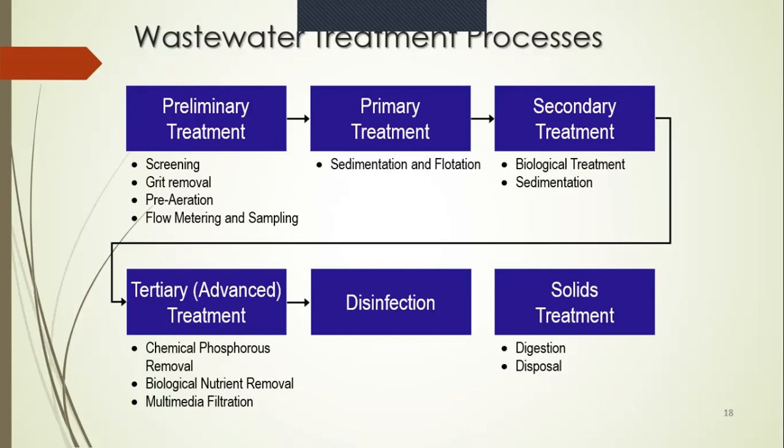In the primary treatment, the target would be to remove the particles that could not be removed during the preliminary treatment, but relatively small particles which can be removed through sedimentation and flotation mechanisms.